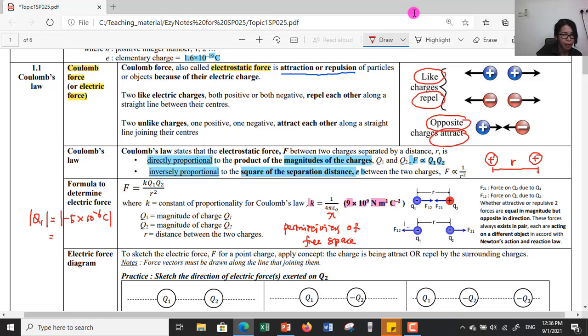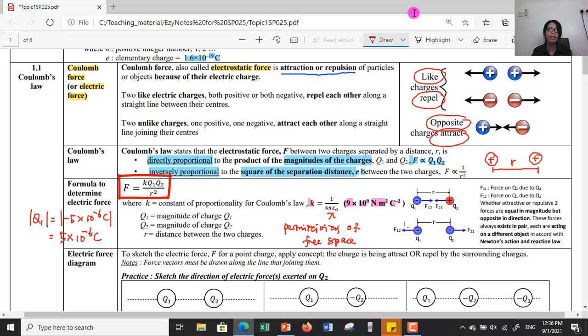So the magnitude, meaning the value, will be 5 times 10 to the power of negative 6 Coulomb. So when I substitute it into this equation, I no need to put in the negative sign. Okay, no need to put in the negative sign when we do substitution into the equation. Why? Because we only consider the magnitude.